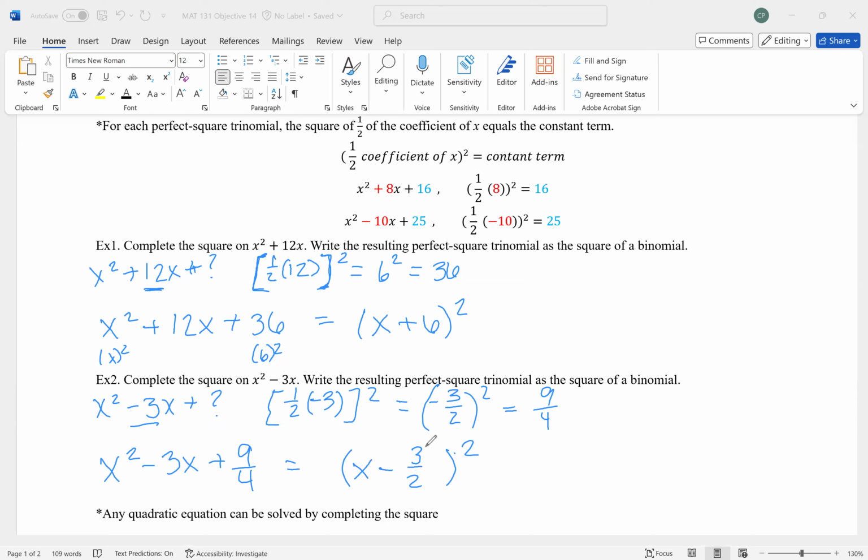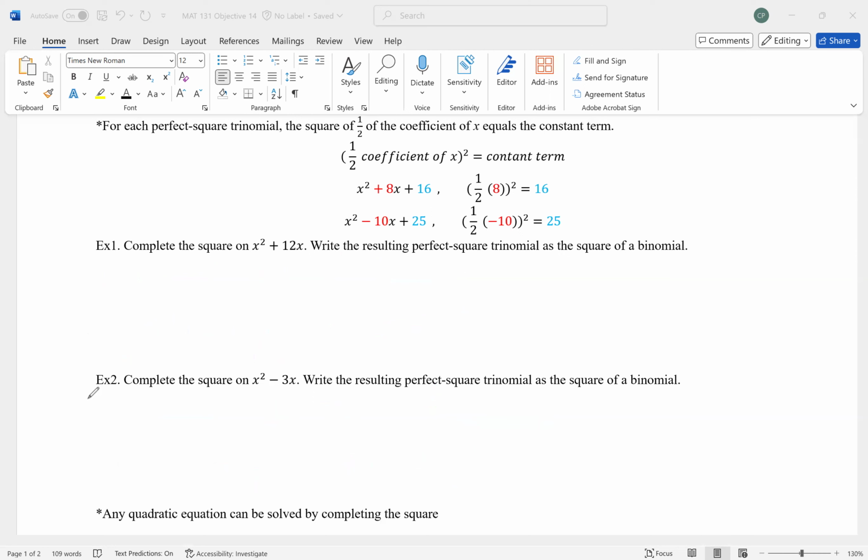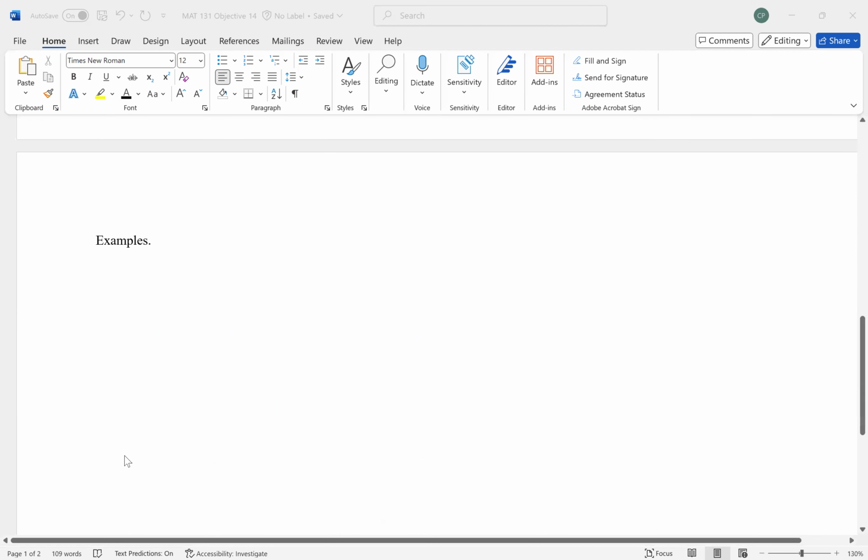Now that we know how to do this, we can apply it to the problems and continue to work them. We have to use this technique to solve the quadratic equations, okay? So let's see what that looks like when we do this technique and then continue in our solving.